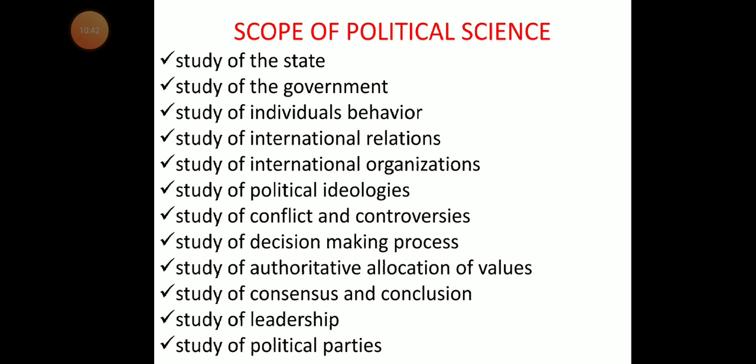Next we have the study of consensus, conclusions and cooperation. We must remember that where there is disagreement, there is also some agreement and a process of consensus. So to resolve problems, we try to cooperate and bring consensus among the people, to solve political problems through consensus.